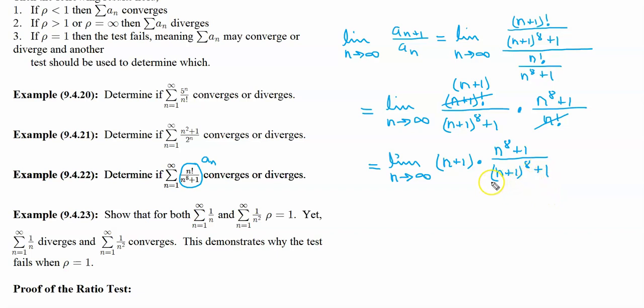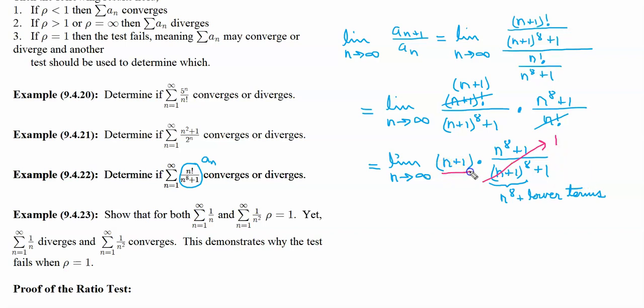Now, if you were to FOIL this out, that would be a lot of work, but this is going to be a polynomial of degree 8, and its leading term is going to be n to the 8th power, plus lower order terms. And in the numerator, we also have n to the 8th, so this quantity is going to be approaching 1 as n goes to infinity.